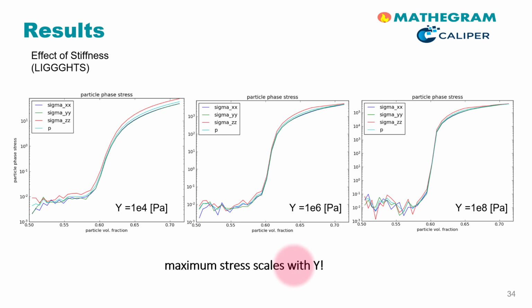Scaling stresses in compaction applications with the Young's modulus of the particles yields a master curve for the compaction behavior that is almost independent of the particle stiffness. This is exactly what we want when performing soft sphere DEM simulations, which are the only choice for these processes.